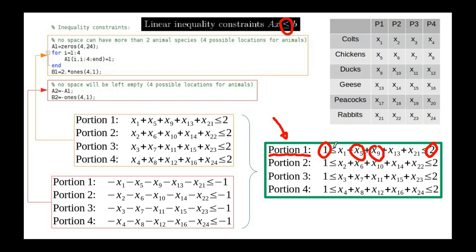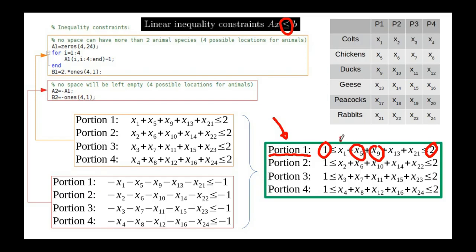What about ducks in portion number 1? x9. So what I'm telling here is that maybe 1 or 2 coefficients or elements in the optimization array can be equal to 1. All the remaining ones will be equal to 0.